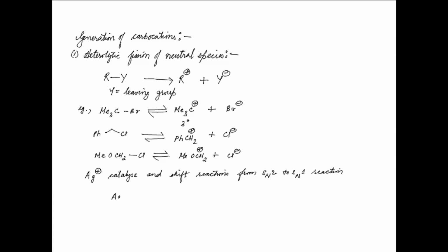For example, if you have silver plus and an alkyl bromide, because silver has a very high affinity for halides, it will form silver bromide plus the carbocation. So whenever silver catalyzes the reaction, it always shifts the reaction from SN2 to SN1.